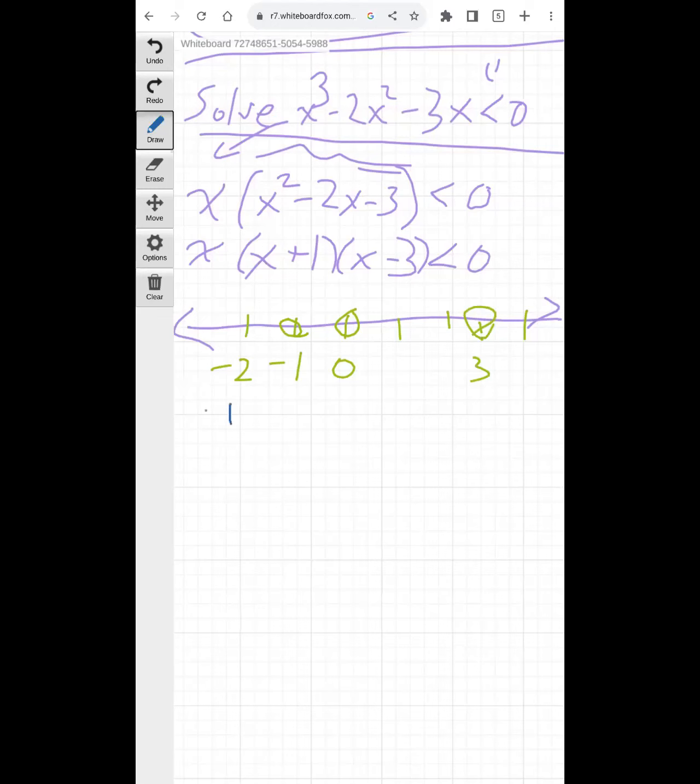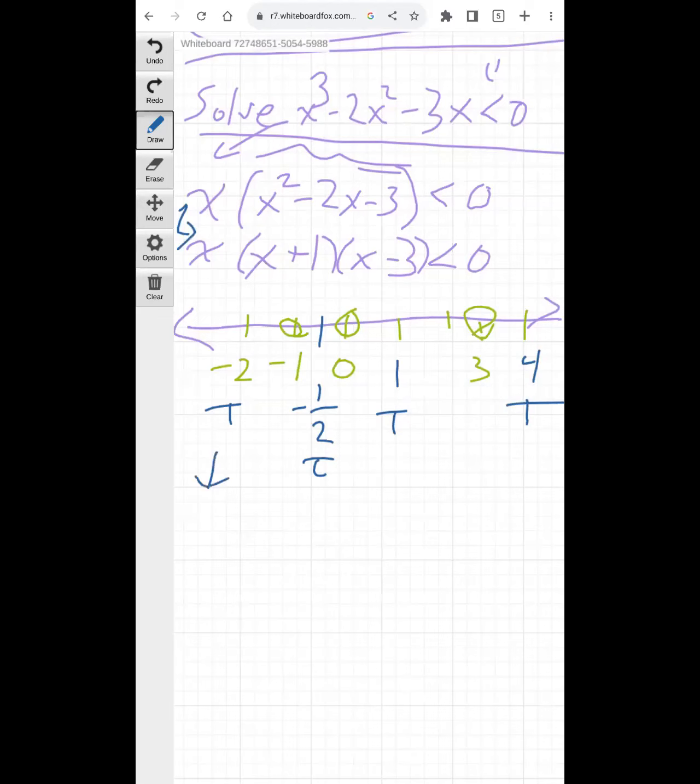Let's use x equals -2 as one of the test points. Let's use -1/2 as a test point, and let's use the point 1, and then the point 4. We'll calculate the value of the inequality for each test point by substituting into the factored form, since it's simpler.